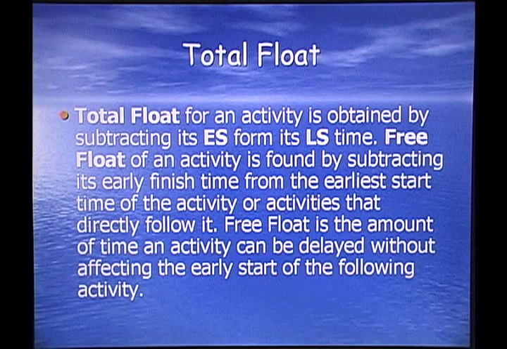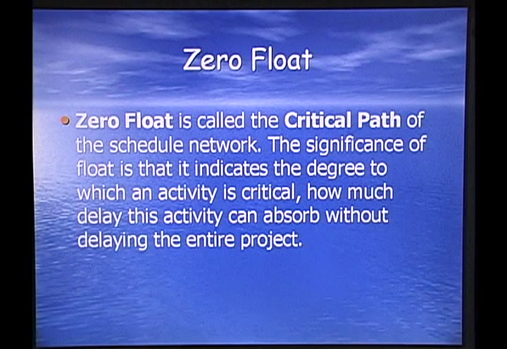Free float is the amount of time an activity can be delayed without affecting the early start of the following activity. Zero float is called the critical path of the scheduled network. The significance of float is that it indicates the degree to which an activity is critical, how much delay this activity can absorb without delaying the entire project.